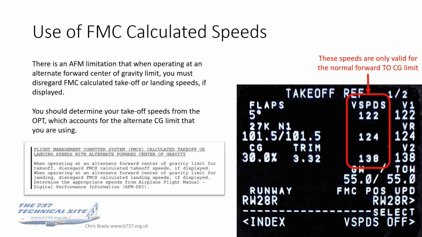Now again, let me just stress, not all airlines have got this option activated for takeoff and landing. Some, in fact probably most, have only got it activated for takeoff. If your airline is one of those where you can only use the alternate forward CG for takeoff, then this is the page, the V speeds, you must ignore. And you get your V speeds from the OPT.